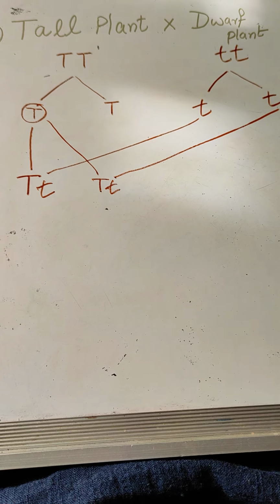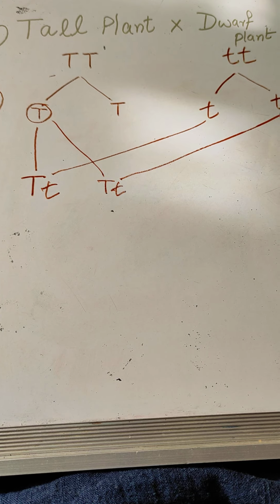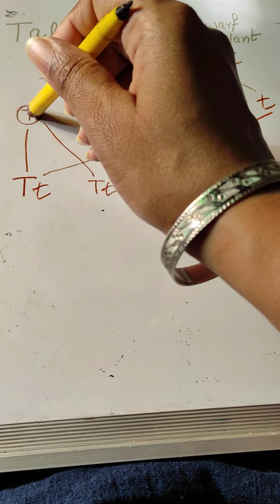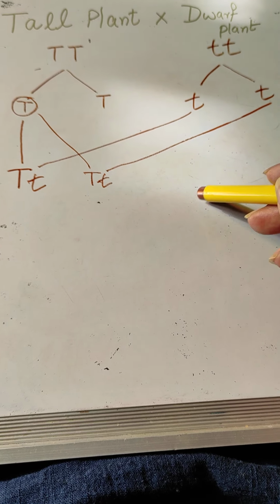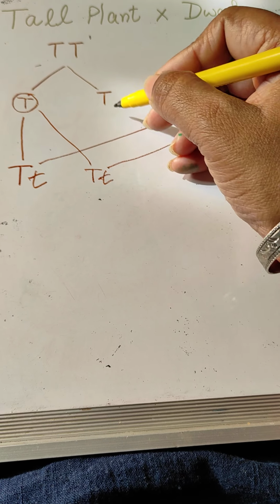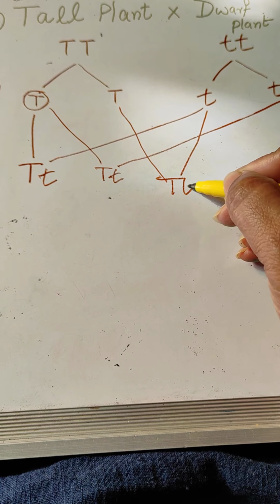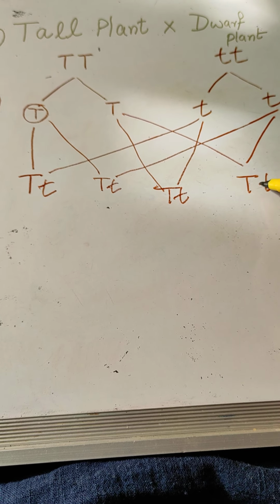There is a chance, we are not sure which gamete from this parent will get the chance to fuse with either of these. So we have to write all the probabilities. Same, this gamete can fuse with this, or this gamete can fuse with this.